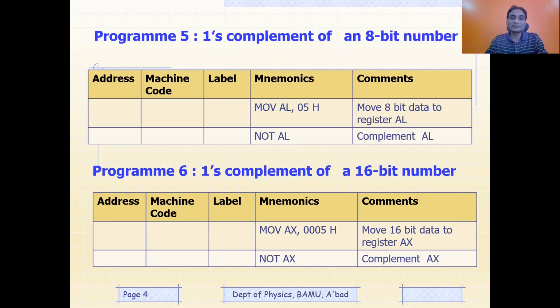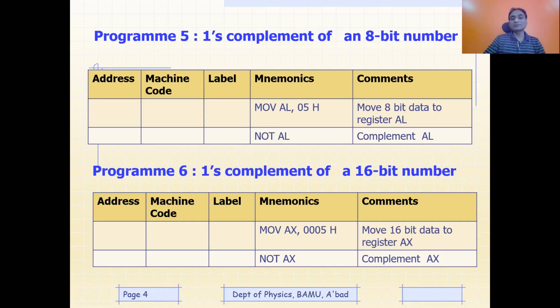The NOT instruction will give you the 1's complement of the given number, and therefore only 2 instructions are required here. MOV AL, 05H will take the 05 into register AL, and then NOT AL means it will take the 1's complement of the content of AL. This is a simple program to get the 1's complement of an 8-bit number.